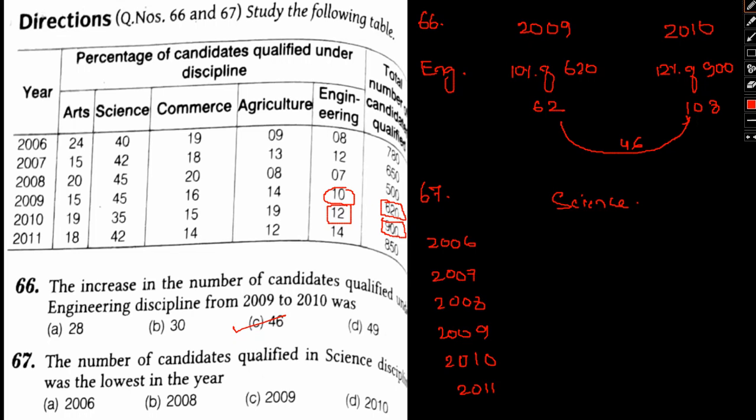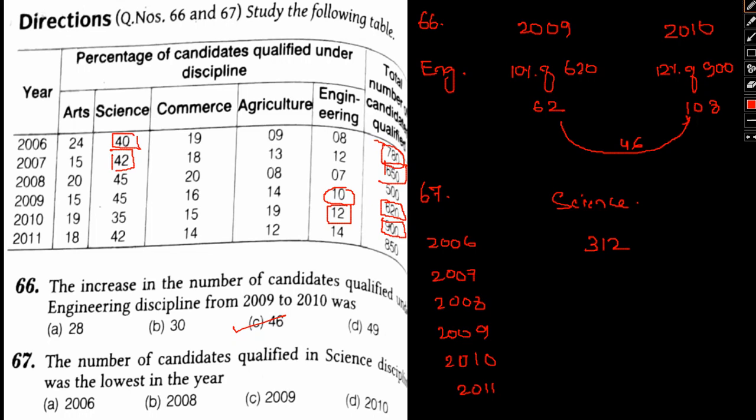Science is 40% of 780 in 2006. So 40% of 780 is 312.